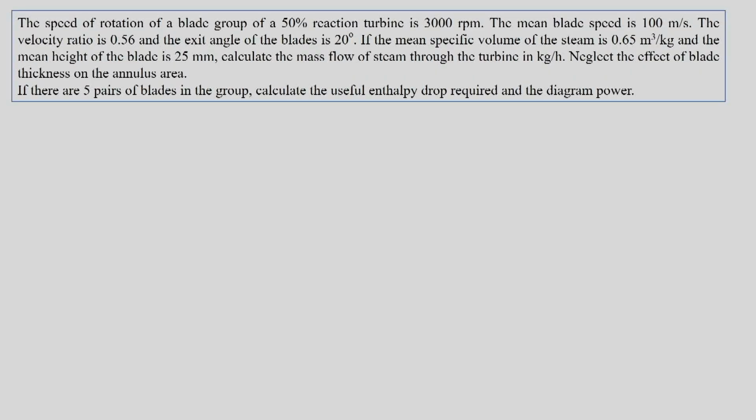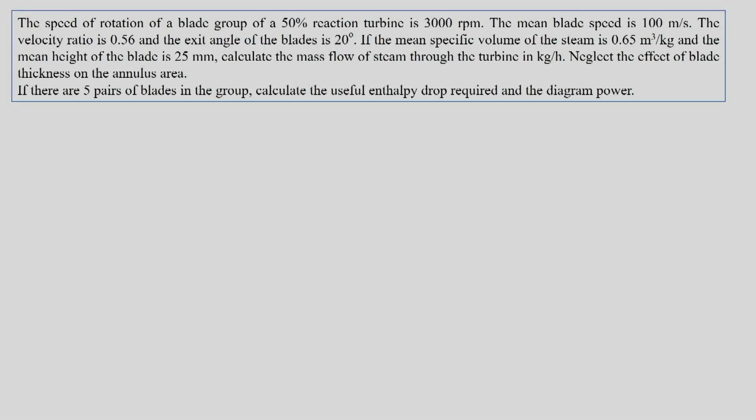If the mean specific volume of the steam is 0.65 meter cube per kg and the mean height of the blade is 25 mm, calculate the mass flow of the steam through the turbine in kg per second. Neglect the effect of blade thickness on the annulus area. If there are 5 pairs of blades in the group, calculate the useful enthalpy drop required and the power diagram power.